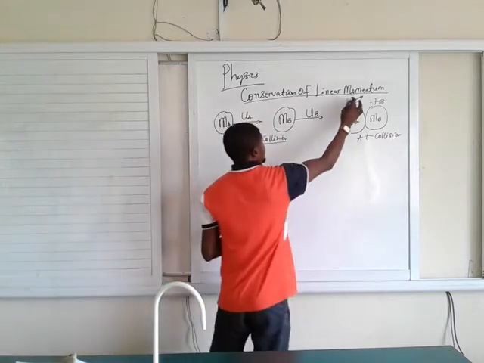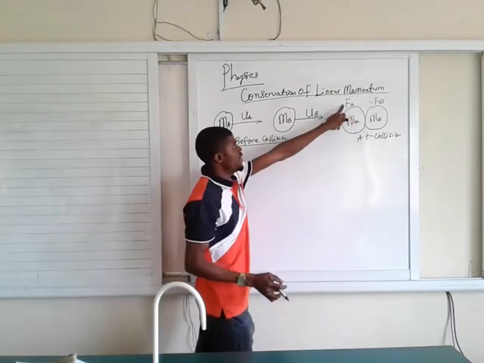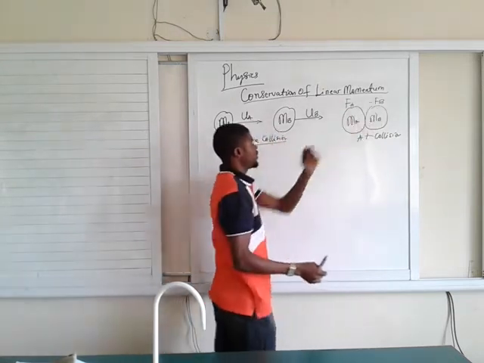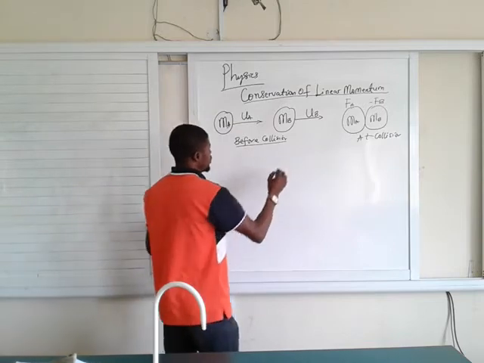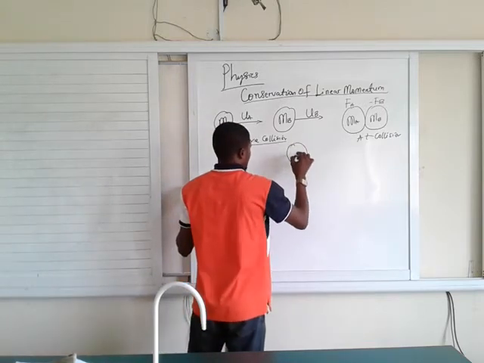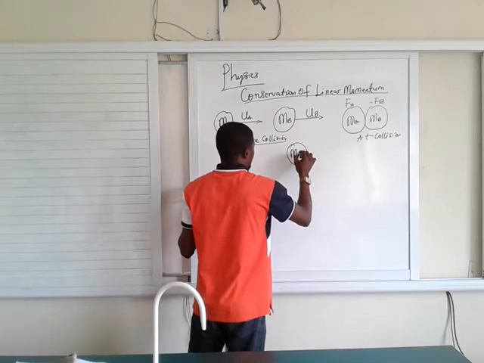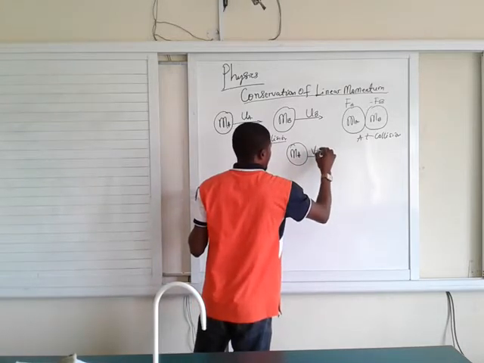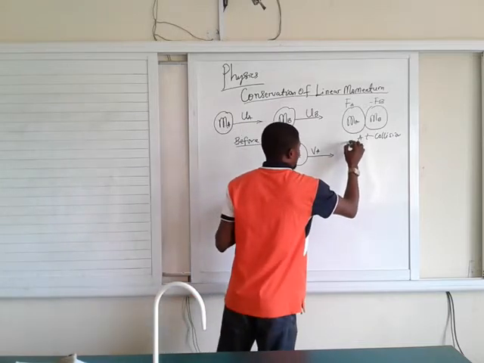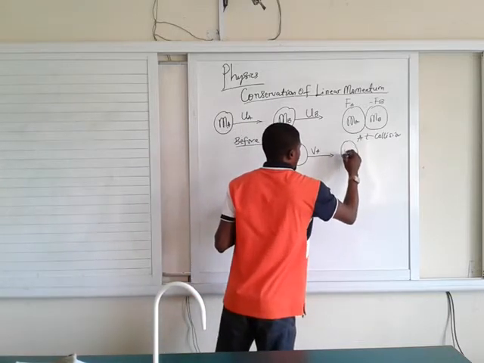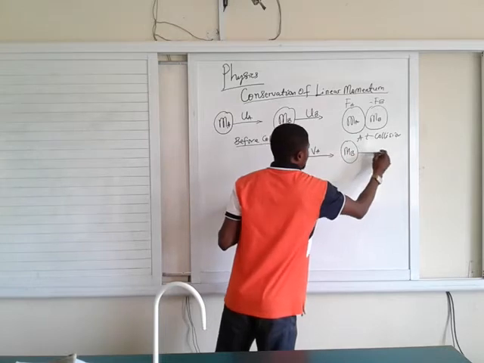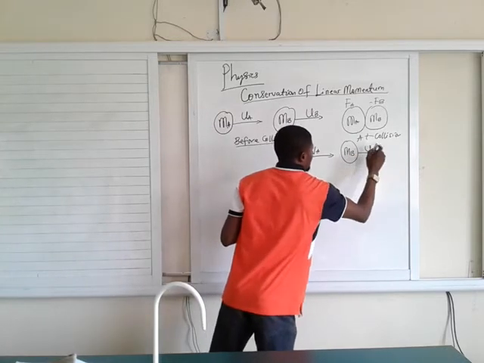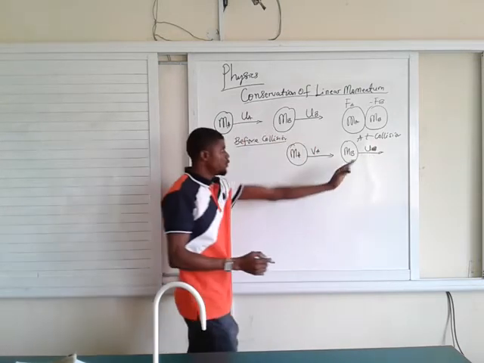So for Newton's third law of motion, for every action there is an opposite but equal reaction, the negative sign here. So let's call this body MA after collision moves with the final velocity VA, and also body MB moves with the final velocity VB. Mind you, they all move in the same direction.